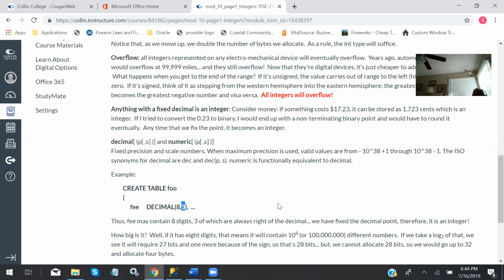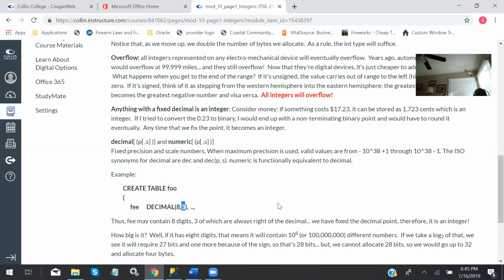We're going to get to rounding errors in just a moment, and they get thorny. The nice thing about integers is that the error to which integers are vulnerable is overflow. If an integer gets too big, it overflows. Now, I can overflow decimal if I gave it too big of a number.